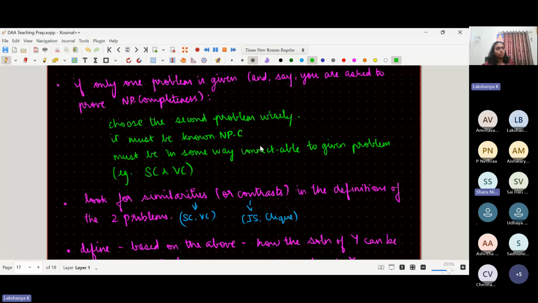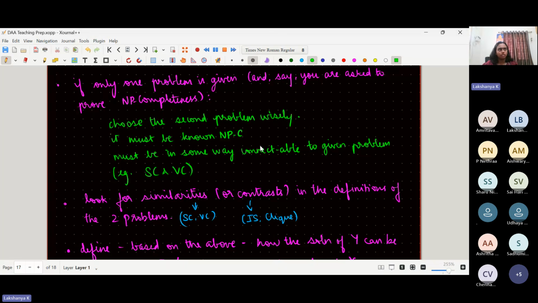If I'm given a subset of V vertices, I can check in V squared or V cubed, whatever, whether it is a vertex cover. So it is verifiable in polynomial time. When you want to reduce an NP complete problem to vertex cover, if you take independent set, it's easy, we know.